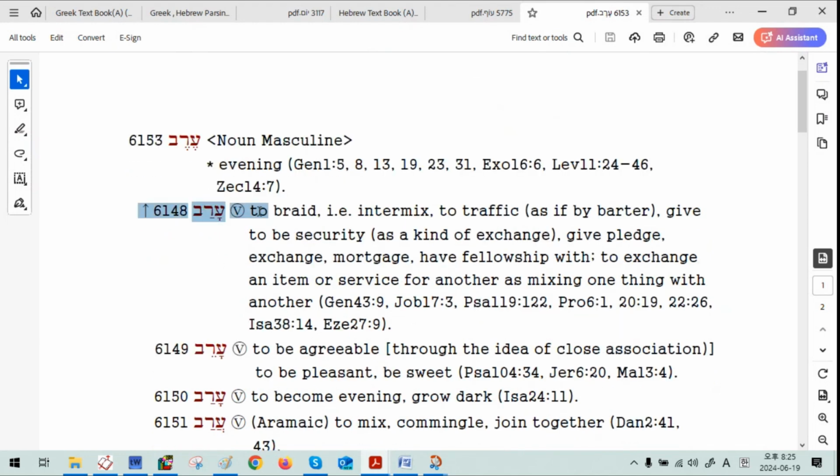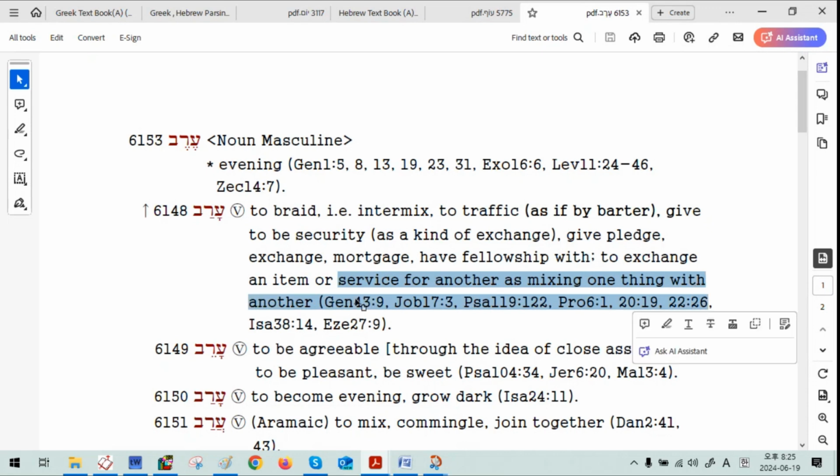This comes from the verb Arab, to braid, intermix, to traffic, as if by barter. Give to be security, as a kind of exchange. Give pledge. Exchange, mortgage, have fellowship with. To exchange an item or service for another, as mixing one thing with another.